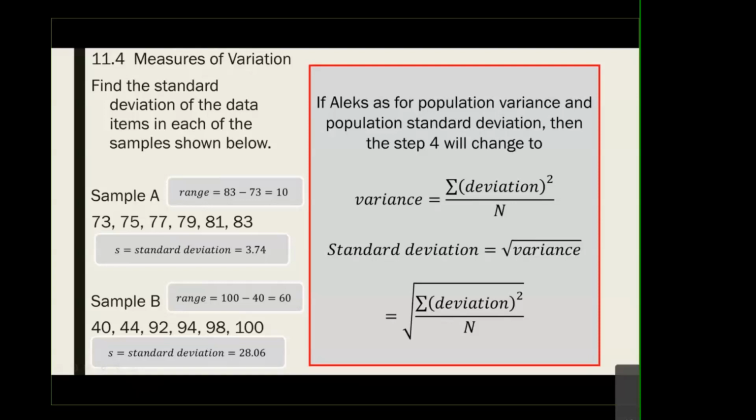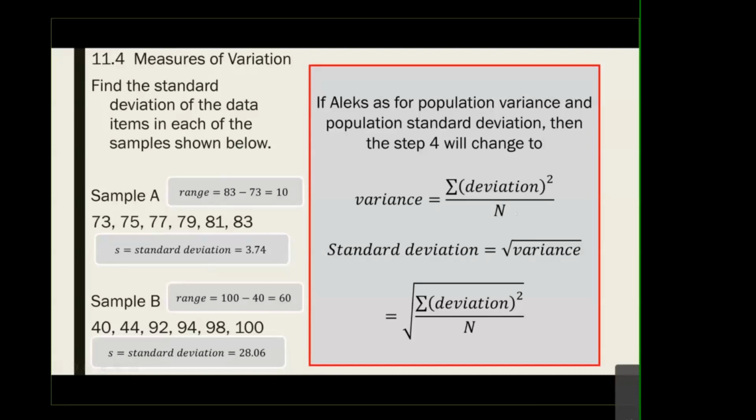That's one thing I know my students got frustrated with last semester and the semester before: they do the 6 steps and then Alex tells them it's wrong. It's because of the small word population, and they keep dividing by n-1. If they ask for the population, you do not divide by n-1, you divide by the total, which is n. Everything else is the same.